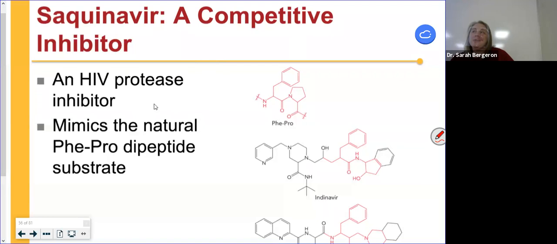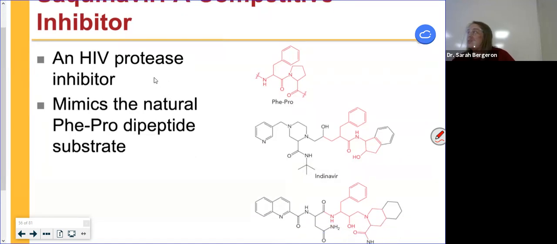So you can have competitive inhibitors, and we've designed an HIV inhibitor. This one inhibits one of the proteolytic cleavage events that are required for HIV to replicate inside the cell. So this is an inhibitor that should be very specific to the virus and not specific to any other protease inside of our entire bodies, right?